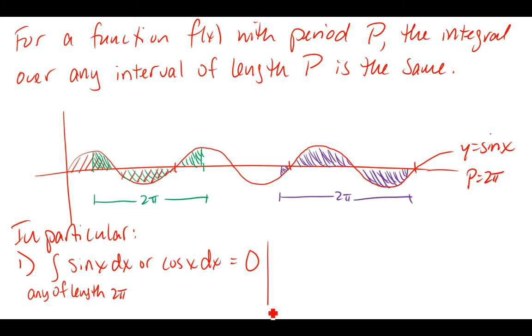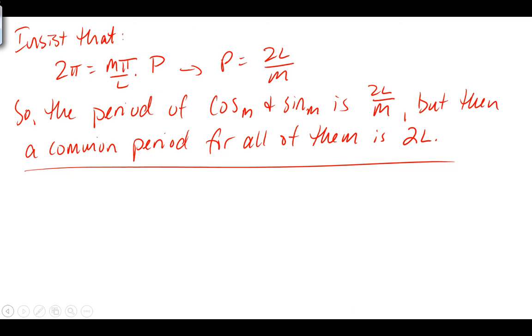So that's one thing. And for these, we're not going to use sine and cosine just as is, but we will use these cosine m's and sine m's. So if I do an integral over any interval of length 2L, remember, we said that a common period for all of these would be 2L. So in other words, a period of 2L works for all of them.